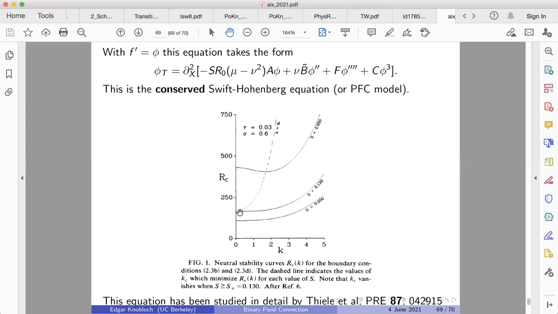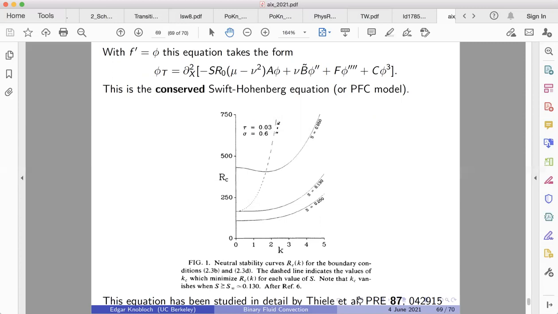So in this regime, this conserved Swift-Hohenberg equation describes the dynamics. And this is an interesting equation. The snaking is similar to what we saw, but is slanted. I just give a reference to a paper that we wrote studying this equation.